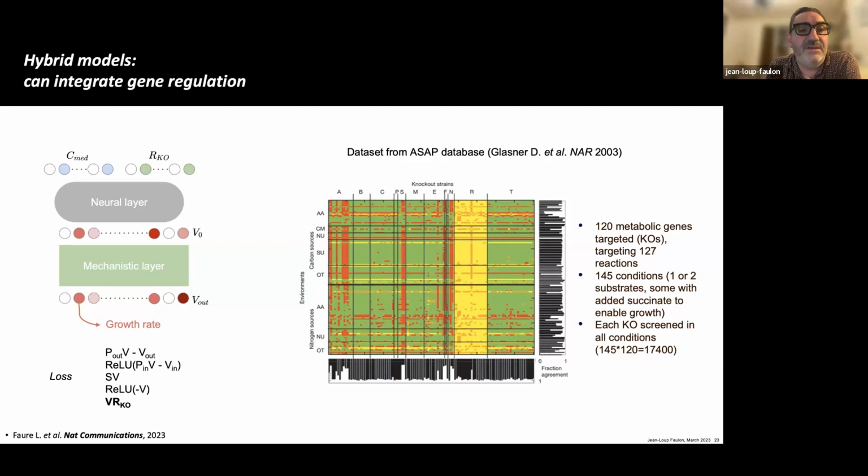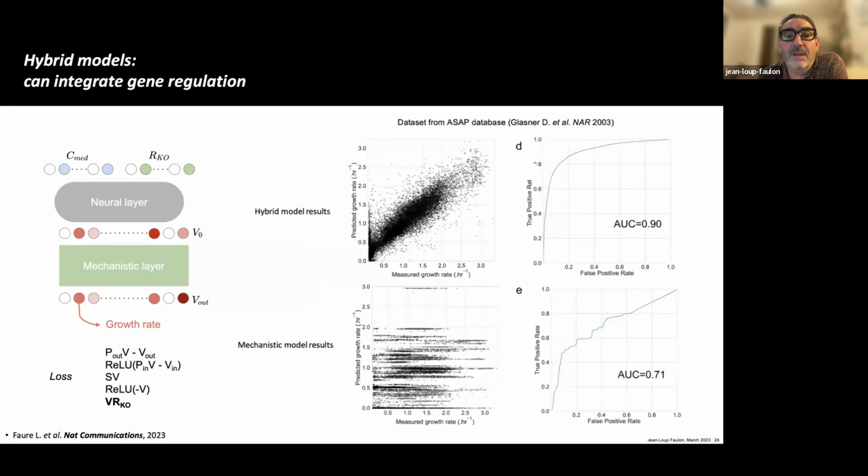So this is the same idea, except that you have an additional requirement for your system: during training, you don't want the flux of the reactions of the genes that have been knocked out to be greater than 0. So you put this into the so-called loss function. So what you see are both quantitative and qualitative results of the hybrid model. The regression coefficient is about 0.8.